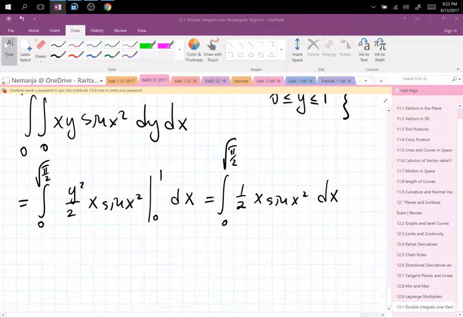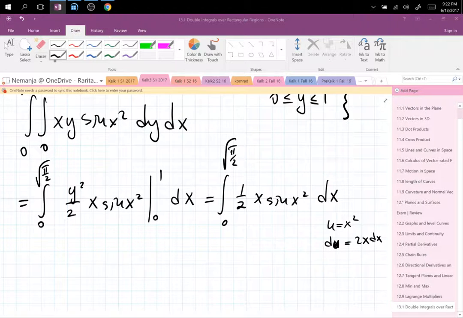And now you use u sub. All right, so 0 is 0. And when you plug in square root of pi over 2, it becomes pi over 2. Awesome. We have 1/2.